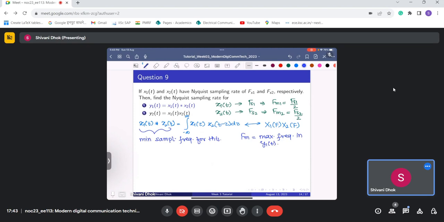Okay, and this y1(t) has a Fourier transform y1(f), and this y1(f) is simply the multiplication of x1(f) and x2(f). Now let's say we have it something like this.